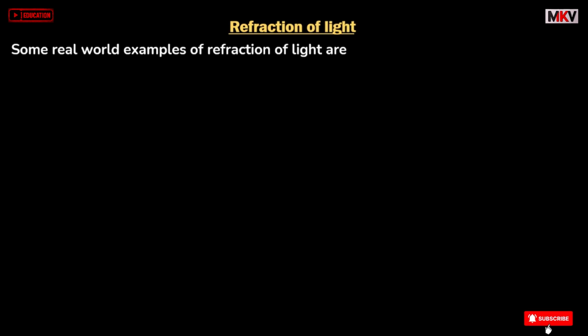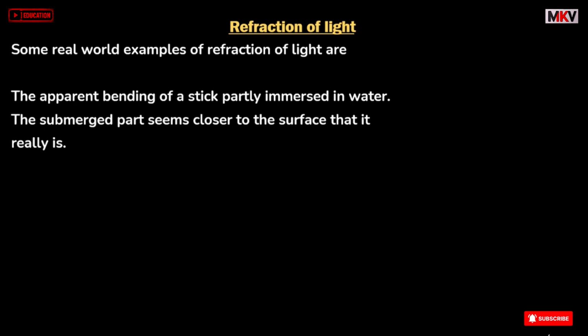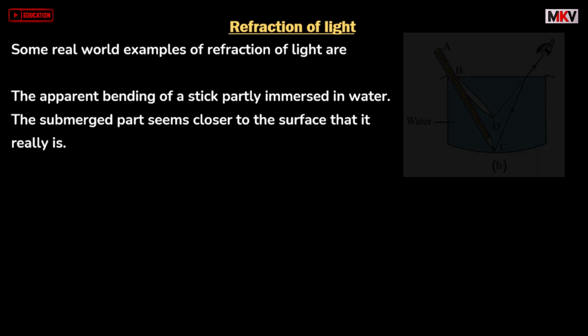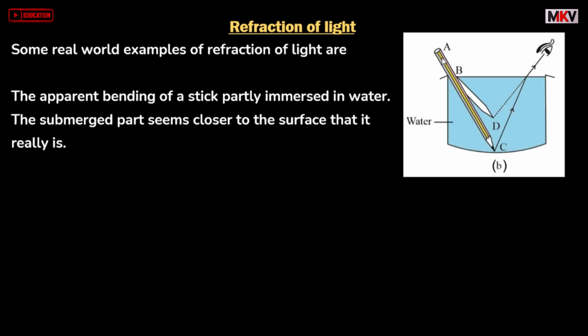Now, some real-world examples of refraction of light are the apparent bending of a stick partly immersed in water. The submerged part seems closer to the surface than it actually is. If you look at this diagram, this is the actual length of the object immersed in the water.